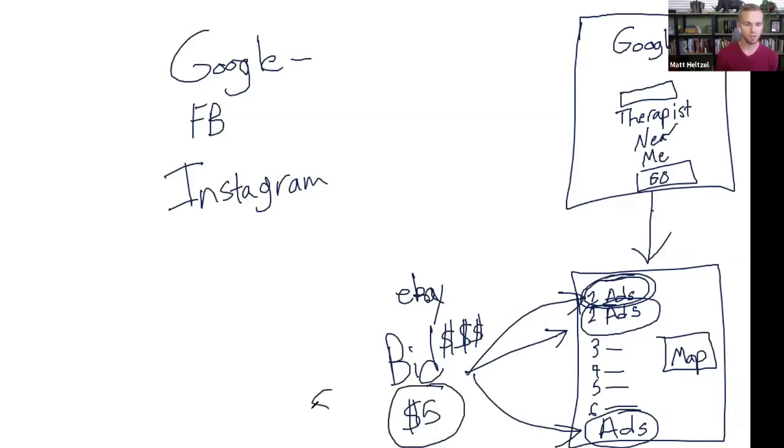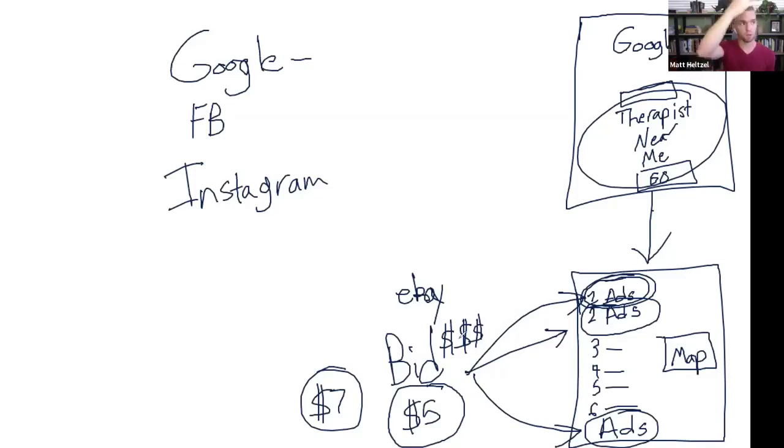Now, if somebody else comes in and tells Google, I'm going to bid $7, what's it going to do? When somebody searches therapist near me, if somebody's in the same bidding range as me, meaning they're within, let's say I put my radius of 10 miles around Phoenix, it's going to automatically place a bid for $5 for the top spot for me.